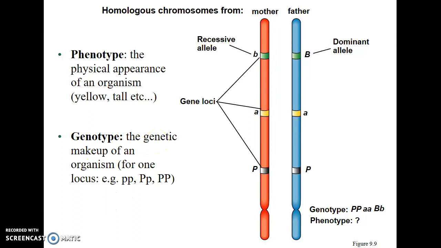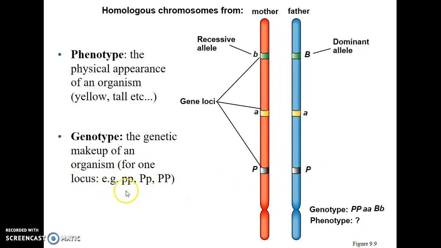The genetic makeup, of course, relies on the sequence of nitrogenous bases within the DNA molecule, within the chromosome. And in the case of genotypes, for our study of genetics, we'll really only be looking at a single locus at a time. So we'll be looking at the genotype at, say, the third locus on this particular chromosome.